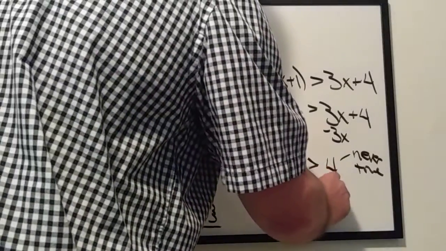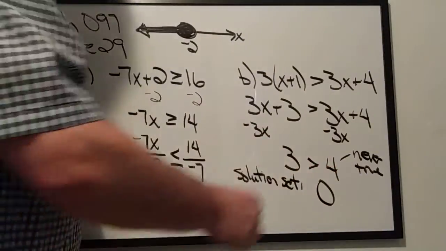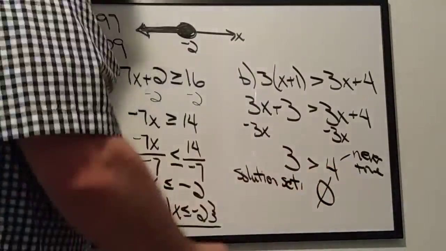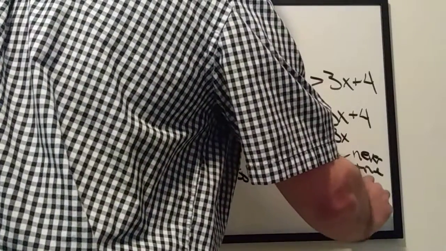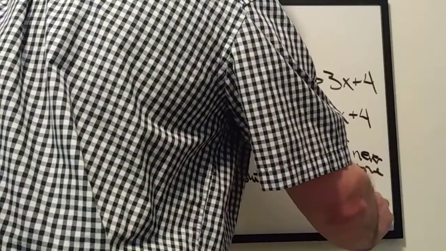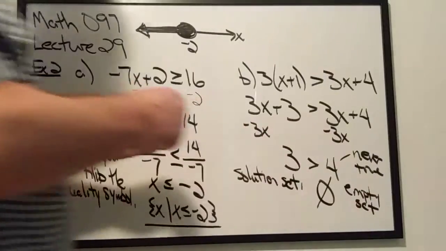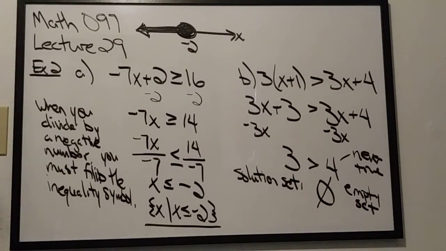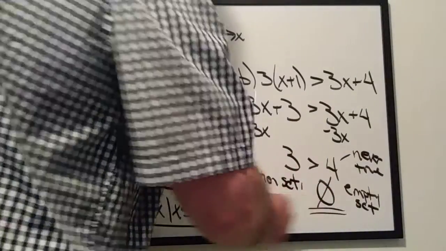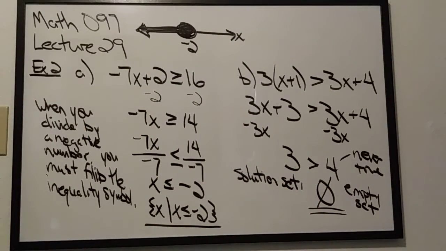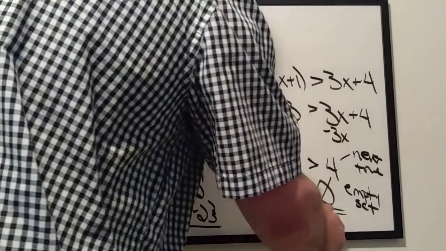So I'm going to first of all write down the symbol. It's a circle, and then you have a slash through it. And that, once again, is called the empty set symbol. So my answer as a solution set would be the empty set symbol. So I'll underline it to say that that is my final answer. So now the question is, what would that look like on a number line? The answer is, it's already there.